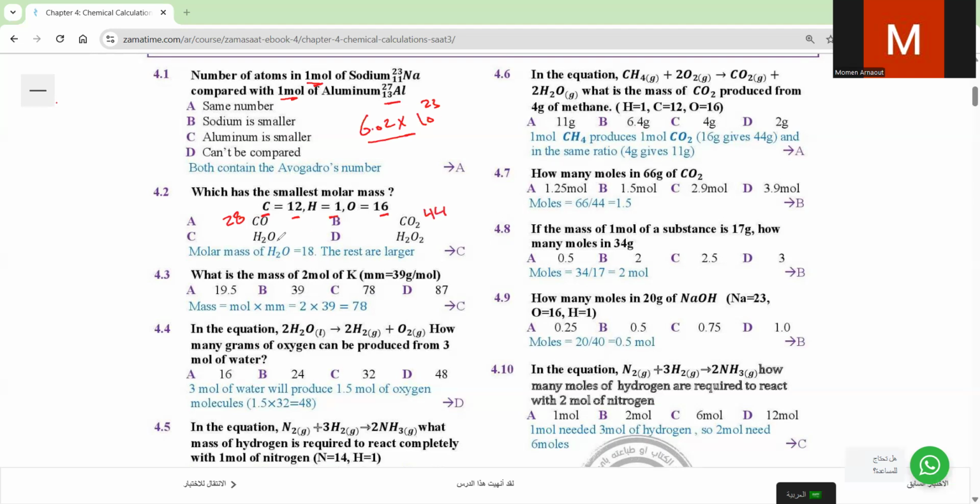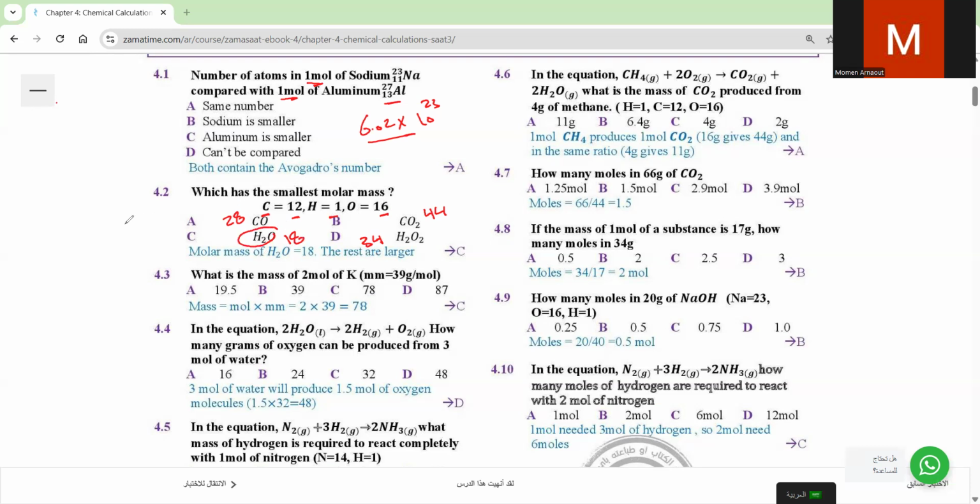H2O is 2 plus 16, so it is 18. Here, H2O2: H2 is 2 and O2 is 32, so the total here is 34. So the one which has the smallest molar mass is water, 18.